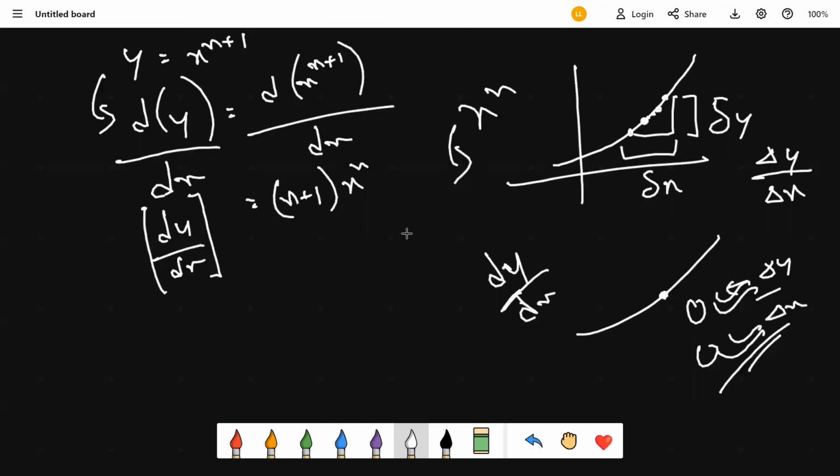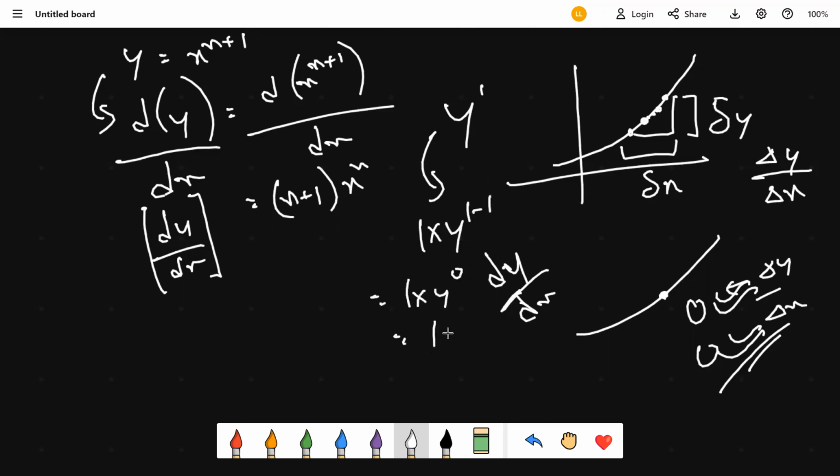When we differentiate this, n comes in front, multiplied with x to the power n minus 1. The power gets subtracted. Similarly, differentiating y, consider y has a power of 1. 1 comes in front, and the power gets reduced to 1 minus 1. It becomes 1 into y to the power 0, which equals 1 times 1, which is 1.